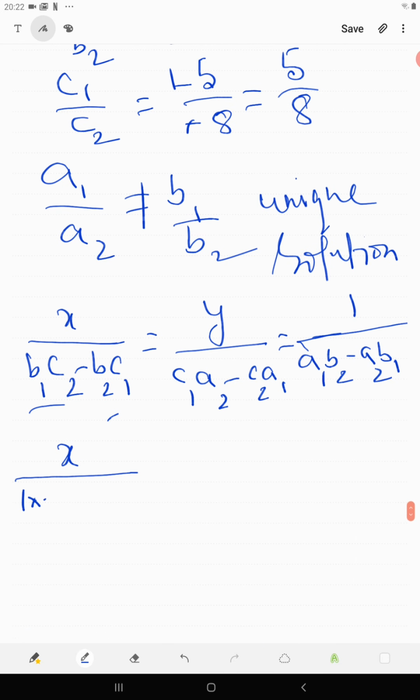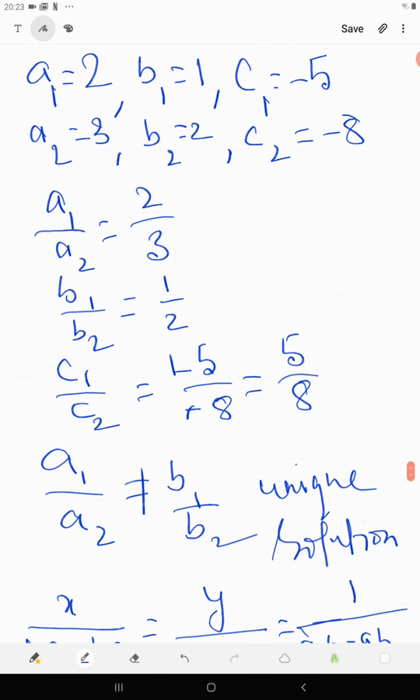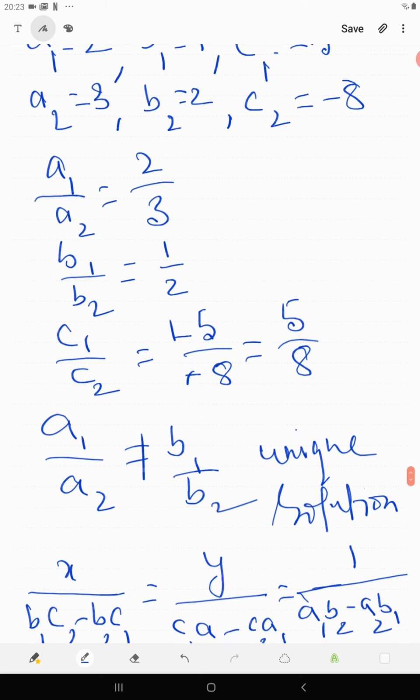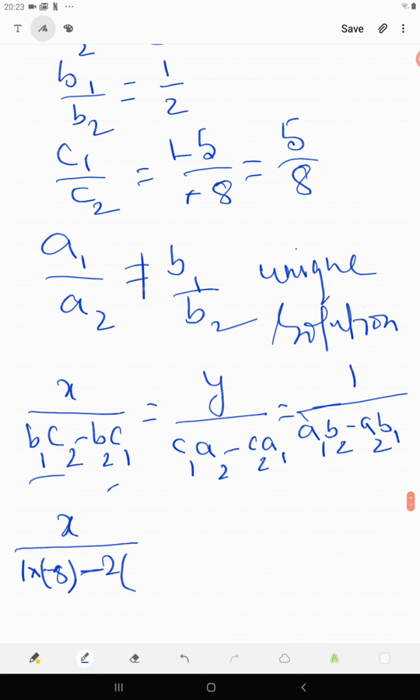So 1 into minus 8. Okay. Then minus, because b1 c2 minus. What is value of b2? b2 is 2. And then what is the value of c1? c1 is minus 5. So 2 into minus 5.